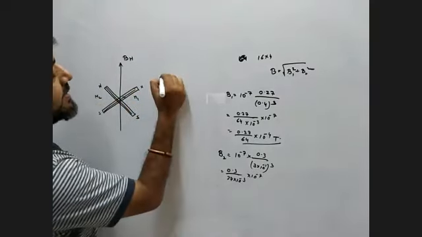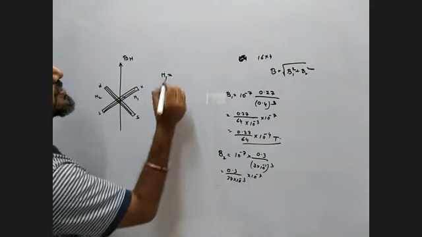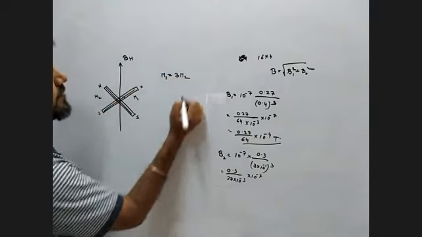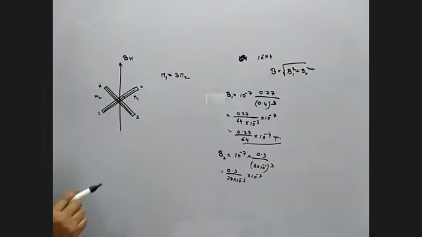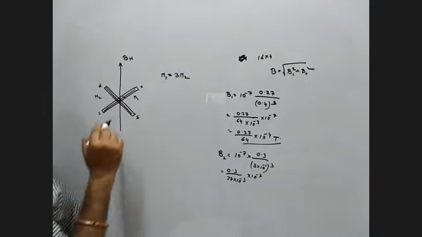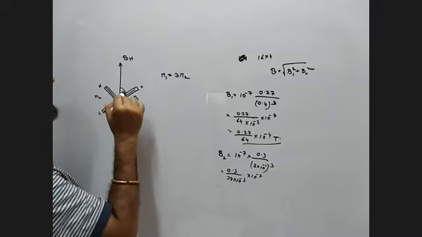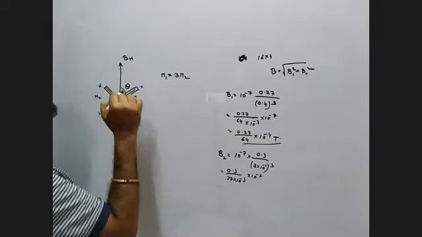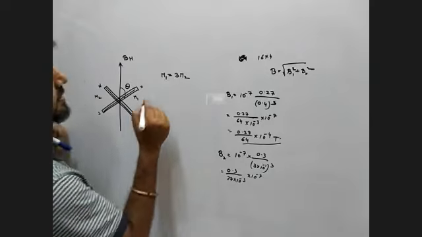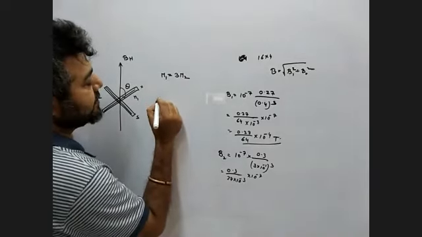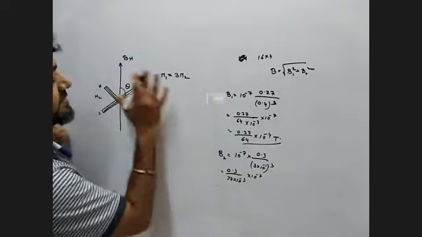It is given M1 equals 3M2 and the angle between them is 90 degrees. If M1 makes an angle theta with the BH, then find the angle for which the system is in equilibrium. Means for what value of theta the system is in equilibrium.